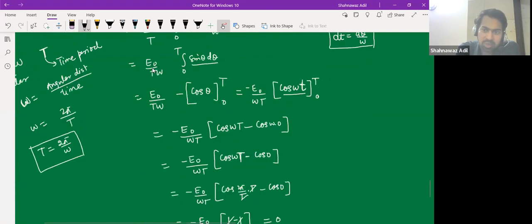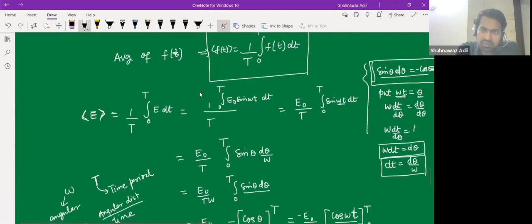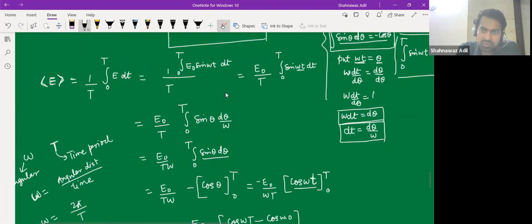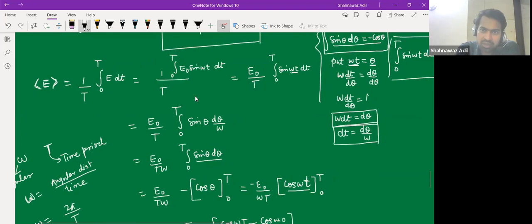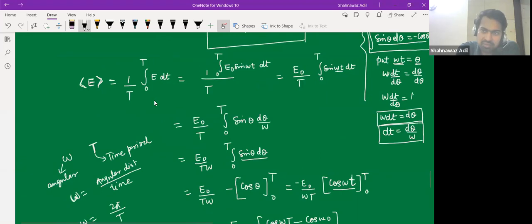So you please take the screenshot. Where should I put the screen? Yes, Mariam, is this okay to put the screen in here? You please take the screenshot, and I will explain it again in the next class.